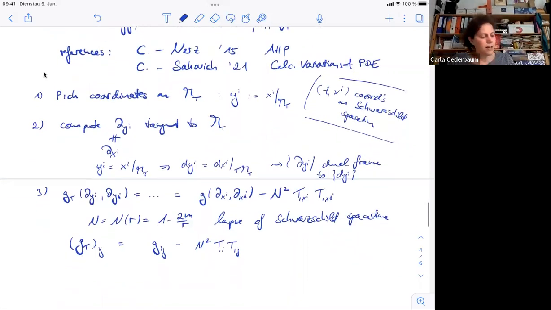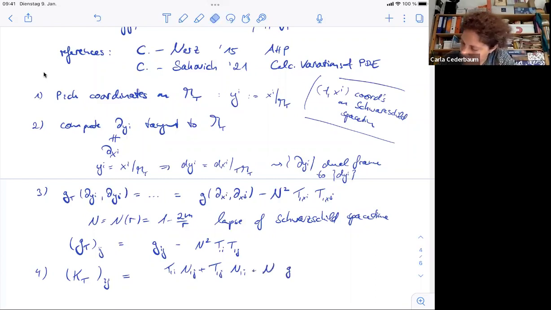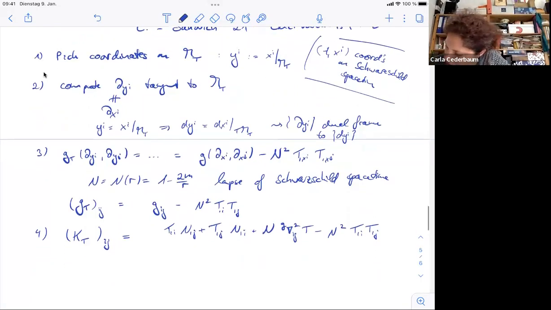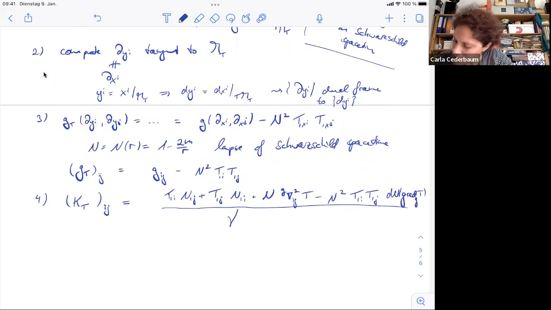And then after a somewhat lengthy computation that I'm not going to show, you get that the components of the second fundamental form of this graph can be computed as B_ij plus t_j n_i plus n times the Hessian_ij of t, where the Hessian is computed with respect to the metric g, minus n squared t_i t_j times dn, plug in the gradient of t with respect to g, divided by the square root of 1 minus n squared |dt|^2 with respect to g.